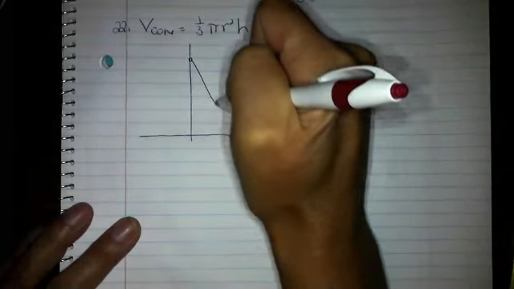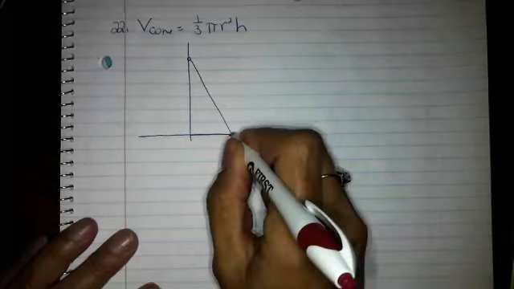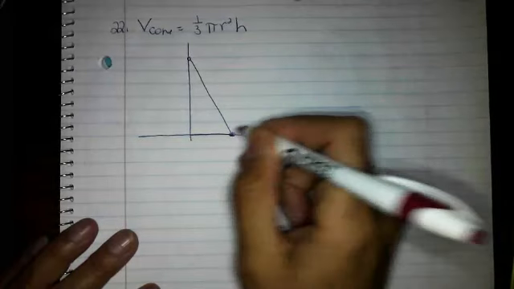A cone is a triangular region revolved around an axis. And if I go around the y-axis, this distance across here is my radius. This point up here is the height of my cone.